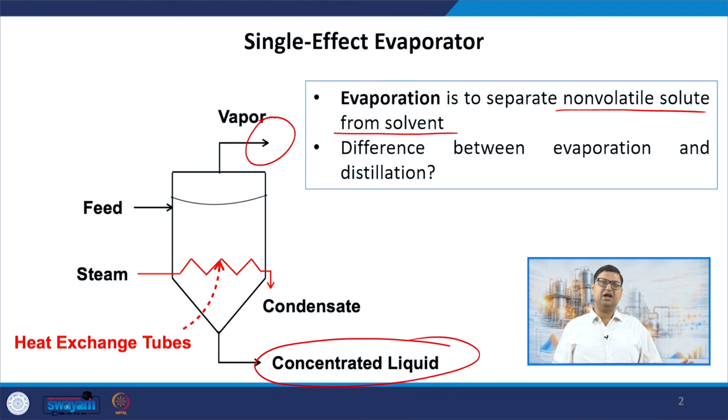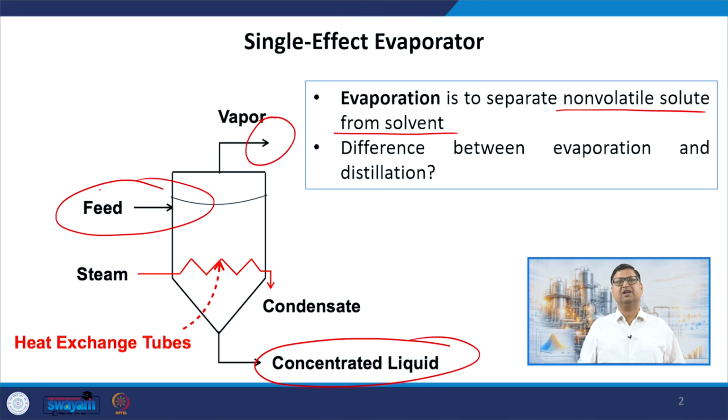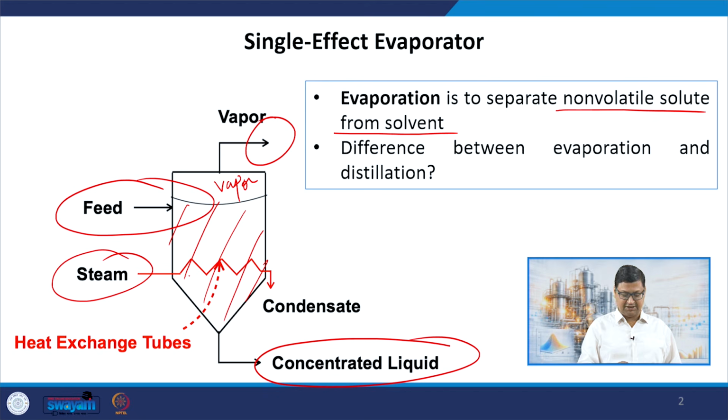What really happens in the evaporator is very simple. We have a tank where a feed enters. The feed can be liquid or vapor or mixed, but we will consider mostly liquid feeds. The feed comes in, and we have some liquid there and some vapor forming, because we raise the temperature of this feed to its boiling point. We do that by heat exchange, typically provided by steam that is condensing inside these heat exchange tubes shown here.